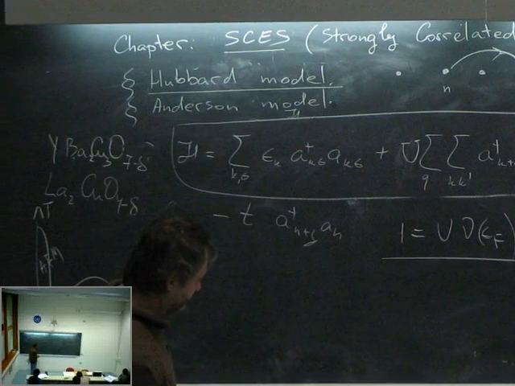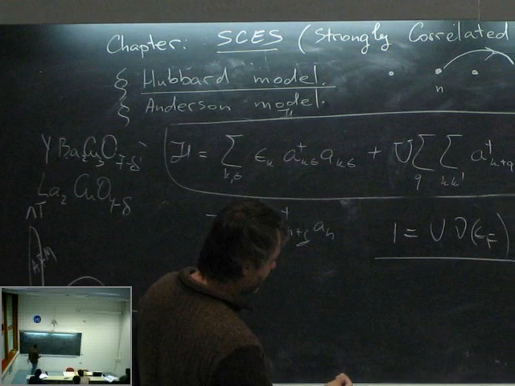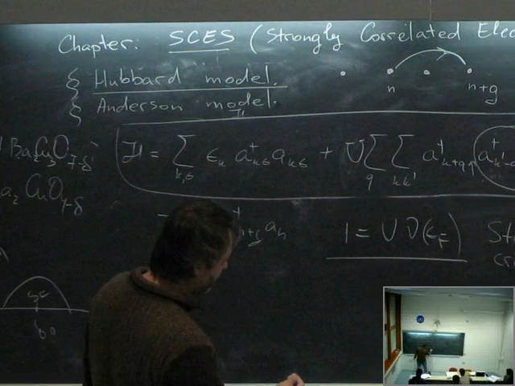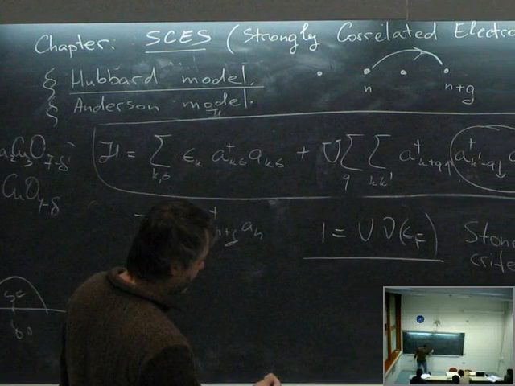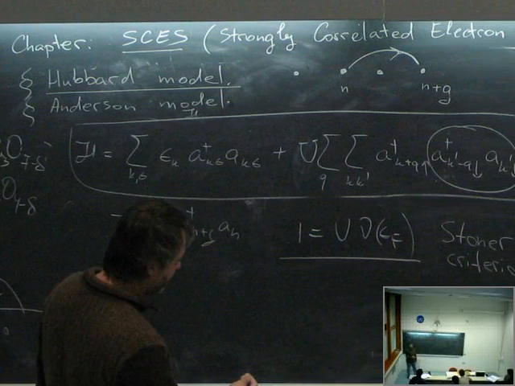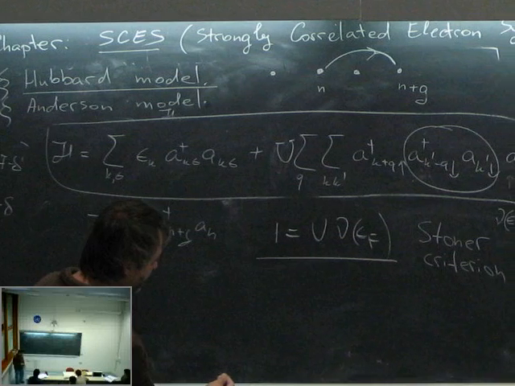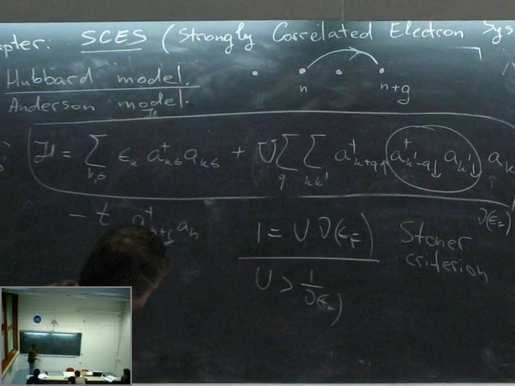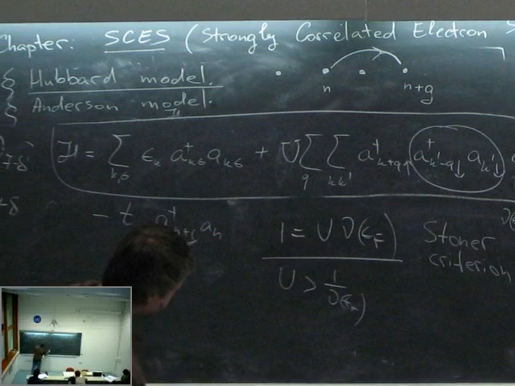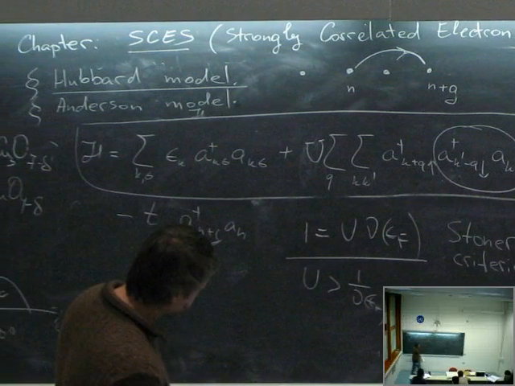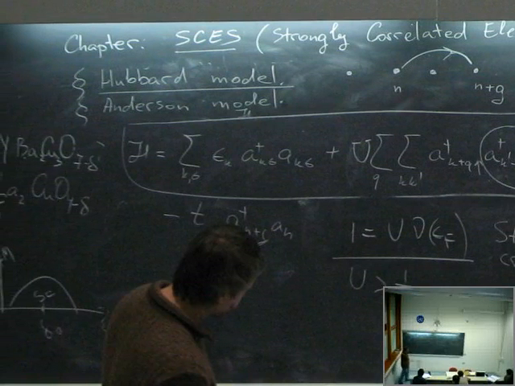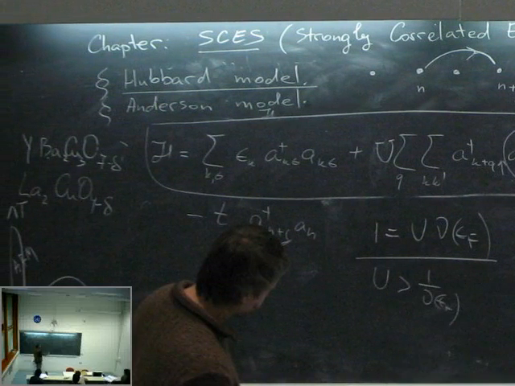So when the gain in potential energy becomes bigger, U bigger than 1 over the density of states, there is a phase transition in the system, and this phase transition is into a magnetic state.